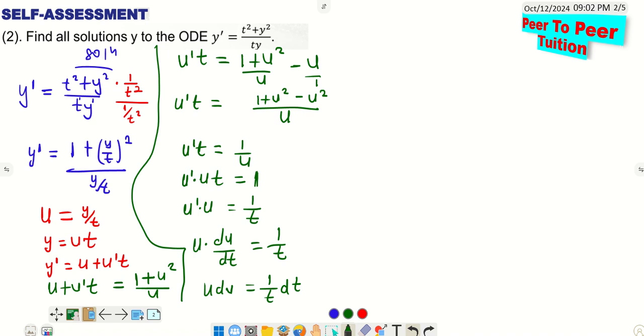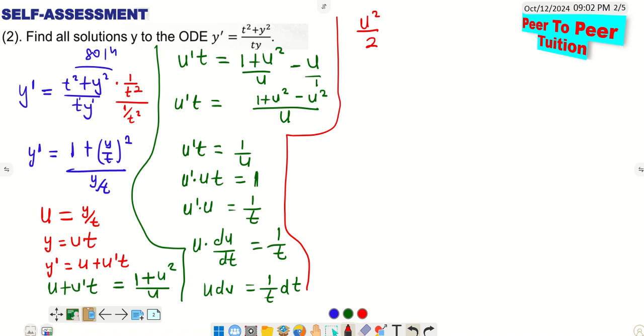So we can clearly see that this is a separable form. All the u's are to the left hand side and the t's are to the right hand side. So we can go ahead and integrate this.